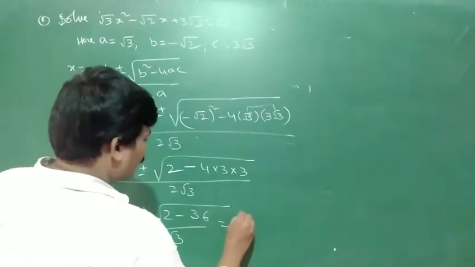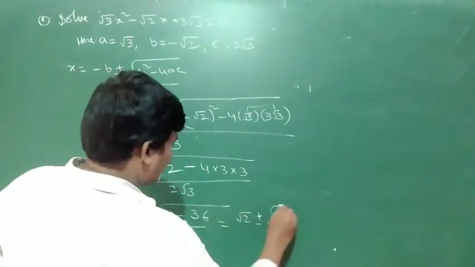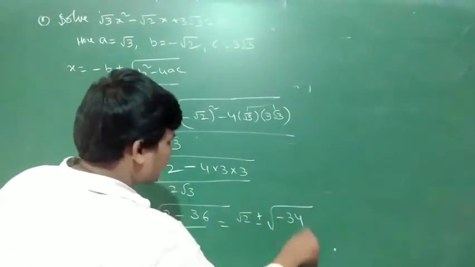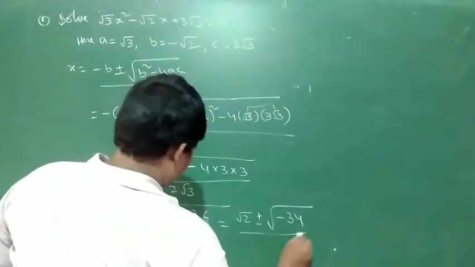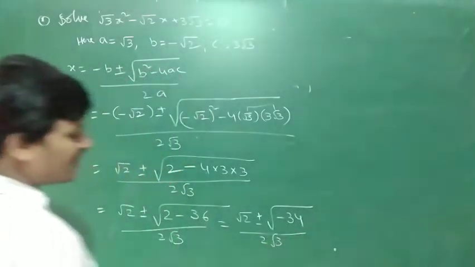That is equal to root 2 plus or minus root of minus 34 by 2 root 3.